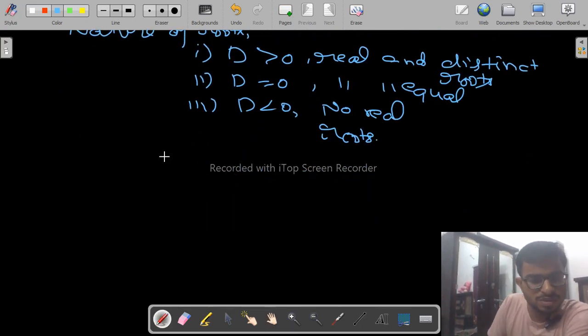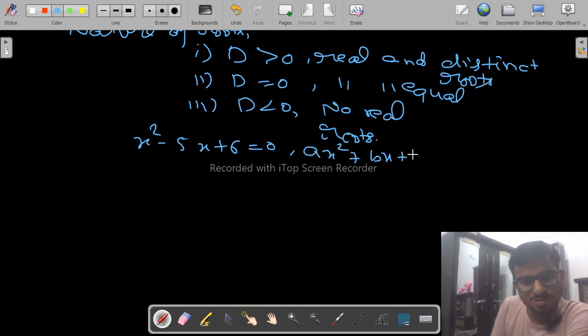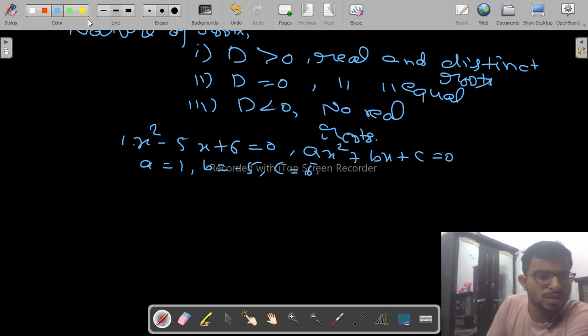Taking the reference from the previous example, we have x square minus 5x plus 6 equal to 0. When we compare it with the equation ax square plus bx plus c equal to 0, you can see clearly that the coefficient of x square, which is a, is 1, b is minus 5 and c is 6. So the discriminant is b square minus 4ac.